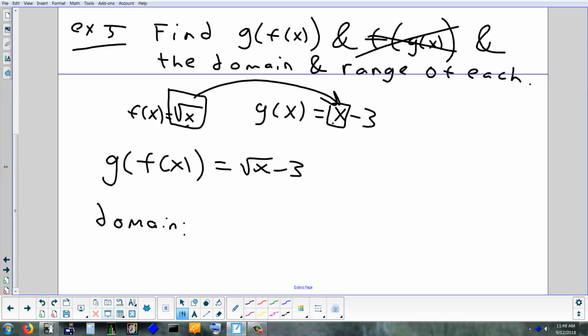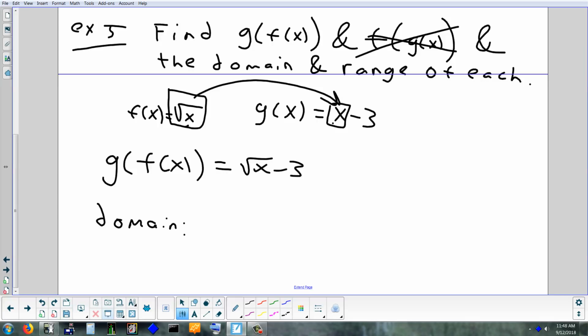Kaya, how about the final answer? Anything we have to be careful of there? Minus 3. Subtracting 3 from something is okay. That's not a problem. But how about the square root? Is there anything we have to be careful about with square roots?